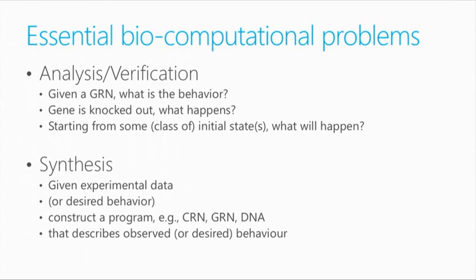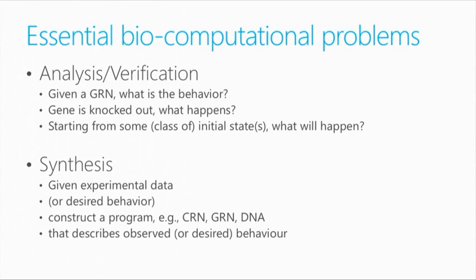Then, of course, we would like to influence that kind of behavior, either to make scientific experiments or to actually cure an illness or something like that. So we're also interested in knocking genes out. For example, we might want to make sure that some particular gene in the system is always on from now on, or it's always off so it can't trigger cancer or something like that.